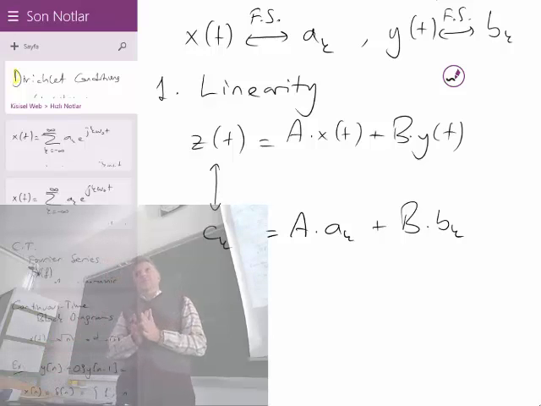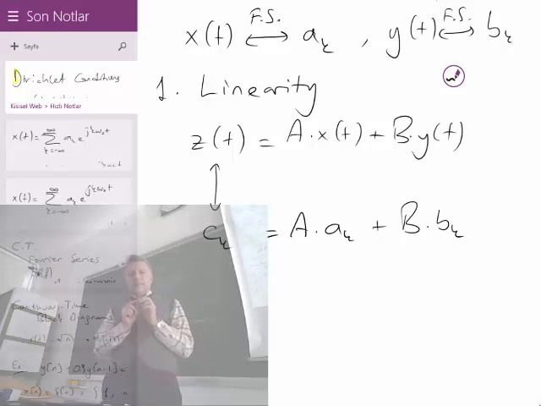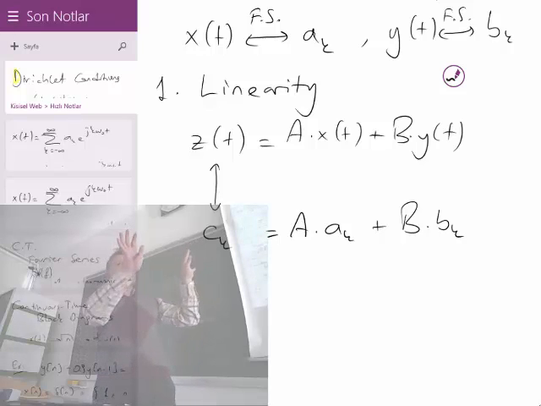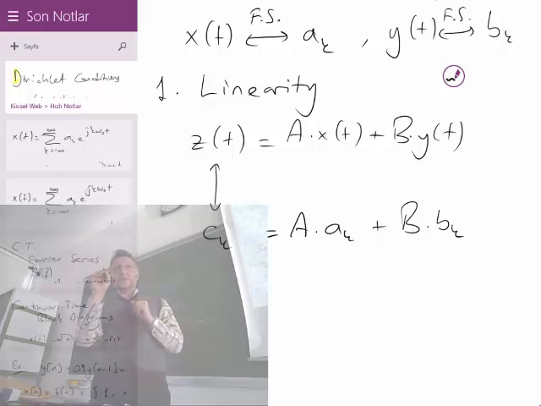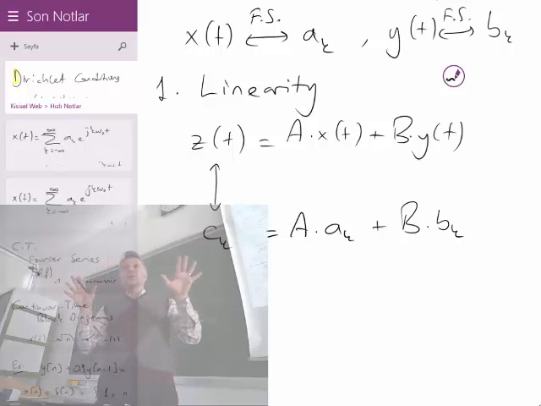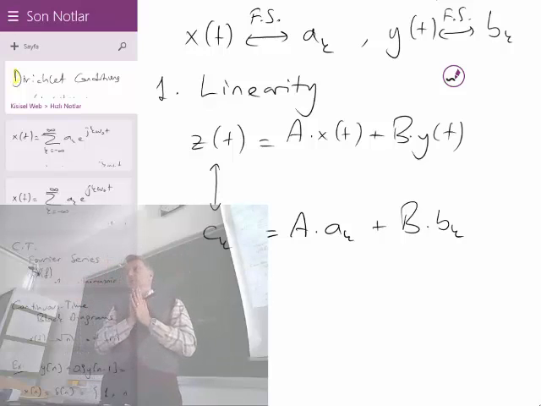So you can combine the Fourier series coefficients. But you have to always remember that these k indices for both x of t and y of t must correspond to the same frequency. So if the fundamental frequencies of x and y are different somehow, then you have to find a common fundamental frequency first and rename the a_k's, the indices of integer k's, corresponding to the common frequency only.